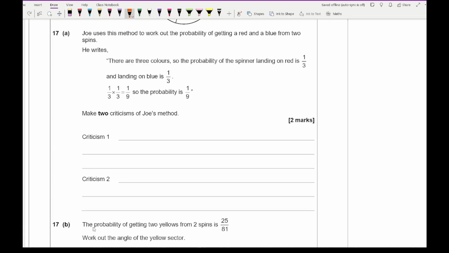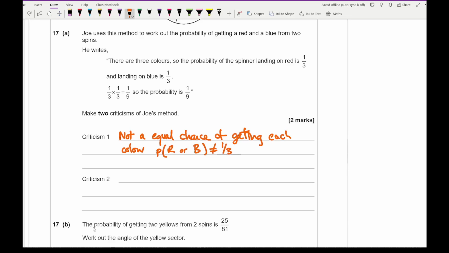So the first criticism, and again you could have these in absolutely any order, what you want to state is something along the lines of there is not an equal chance of getting each colour. So in other words, you could say something along the lines of the probability of getting a red or a blue is not equal to 1/3.